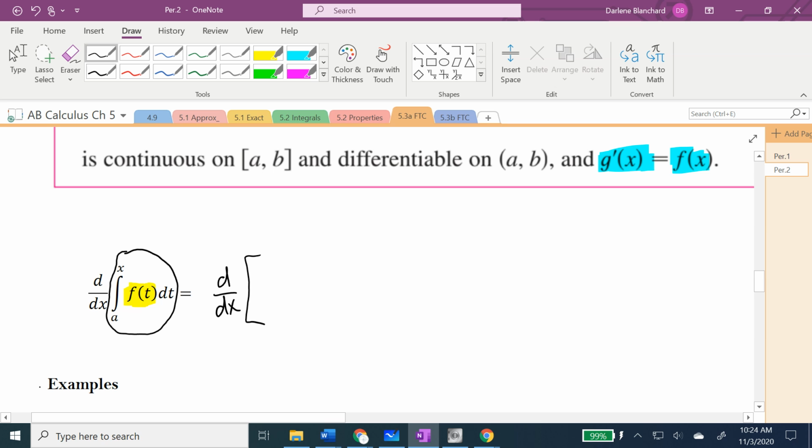According to today's fundamental theorem of calculus, I find the antiderivative of f, and that gives me g. And then I evaluate that from t equals a to t equals x. Then today's fundamental theorem that we looked at said I plug the x in minus I plug the a in.